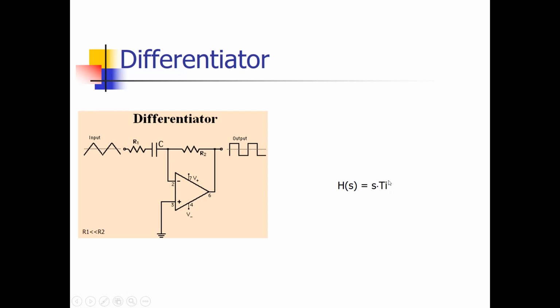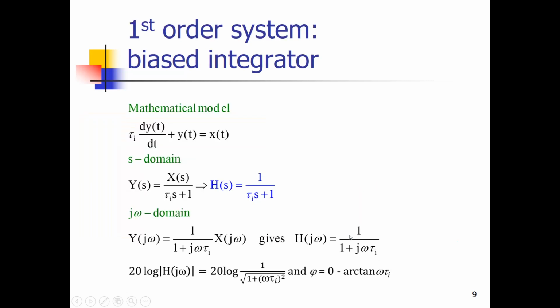There are only zeros. And that zero, it's only 1 zero because there is only one s over here. It's not an s squared or s to the power of 3 function. So we have 1 zero, which can be calculated by setting this expression to 0, which yields s is 0. So in the PZ plane, in the S plane, we have a zero in the origin. All right, that's the differentiator.